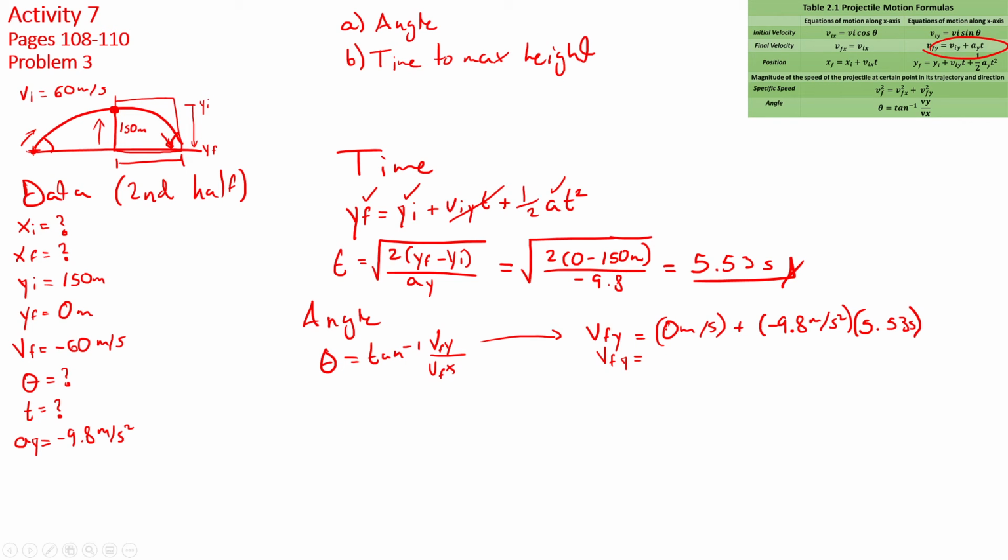And I got, as final velocity in the y-axis, let me do the operation. You can do the operation with me: minus 9.8 multiplying 5.53, and I got minus 54.109 meters per second.